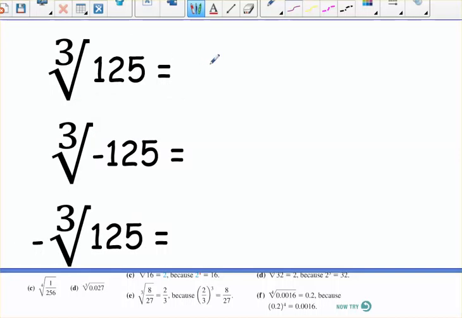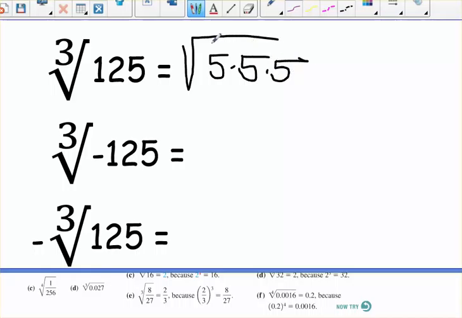So if you're looking at these examples right here, we have a radical symbol with a 3, and that indicates it's a cube root, and the radicand inside is 125. So you could do a factor tree to break this down, but most of you may or may not know that this is really 5 times 5 times 5.